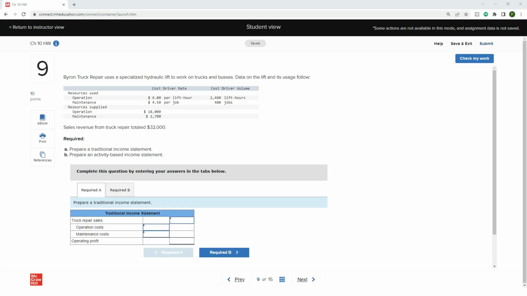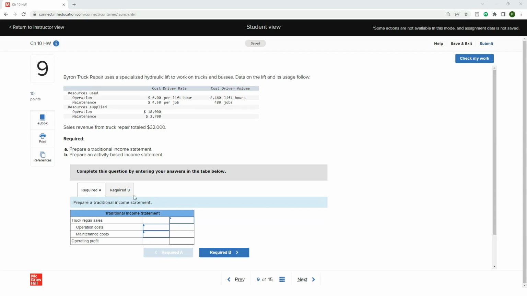Question number 9 follows the same fact pattern as number 8, so I'll let you do this one also. In this one, you're preparing a traditional income statement and an activity-based income statement. So for the traditional income statement, for operation costs and maintenance costs, you're going to use the amounts that they gave you for resources supplied, because those are costs that you actually incurred.